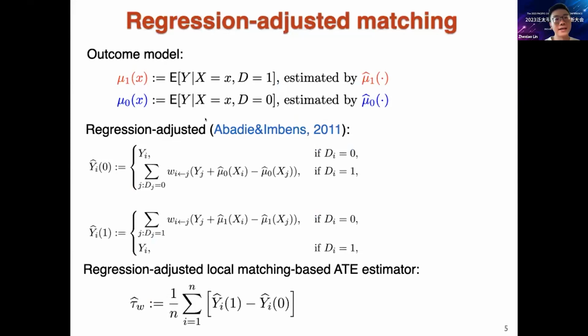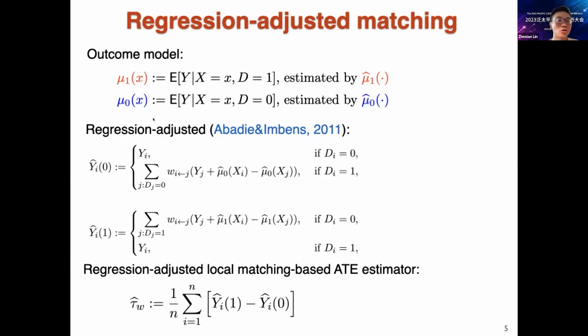For the regression adjustment, we first consider two outcome models. The first, mu1, is the expectation of the outcome given a specific covariate value as well as the treatment group, and mu0 is the expectation of the outcome given a specific covariate value as well as the control group.